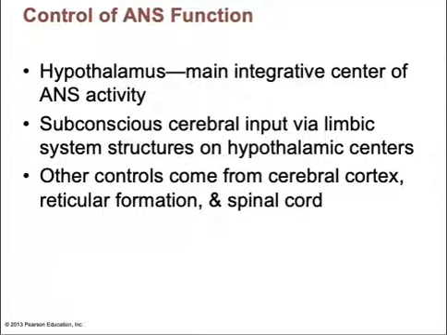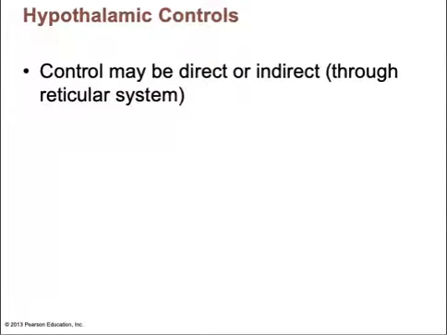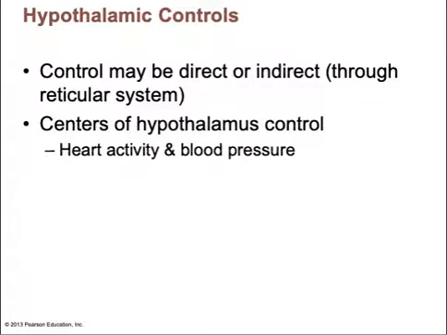It also communicates with the reticular formation of the brainstem and the spinal cord, right, in addition to the cortex. Control can be either direct or indirect through the reticular activating system. Remember that the reticular activating system is connected to the thalamus and controls the gates of perception. Okay?